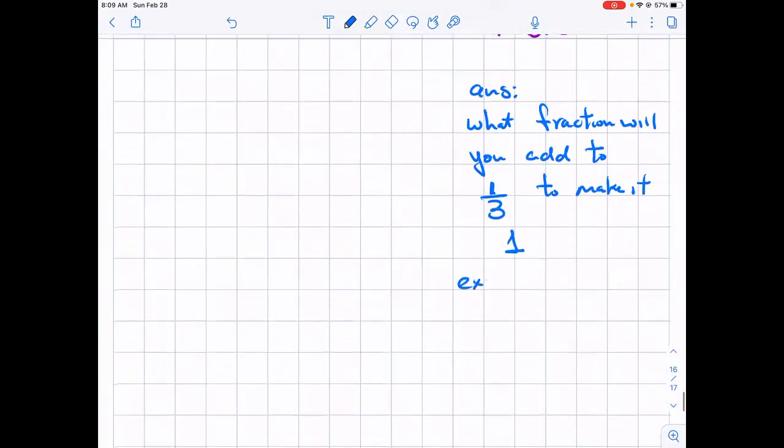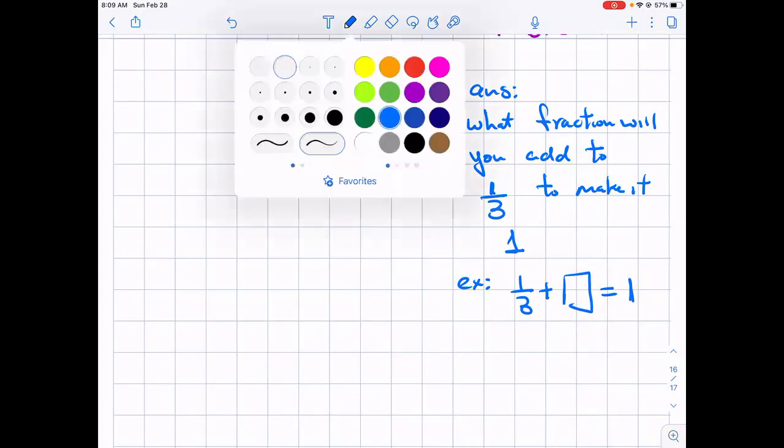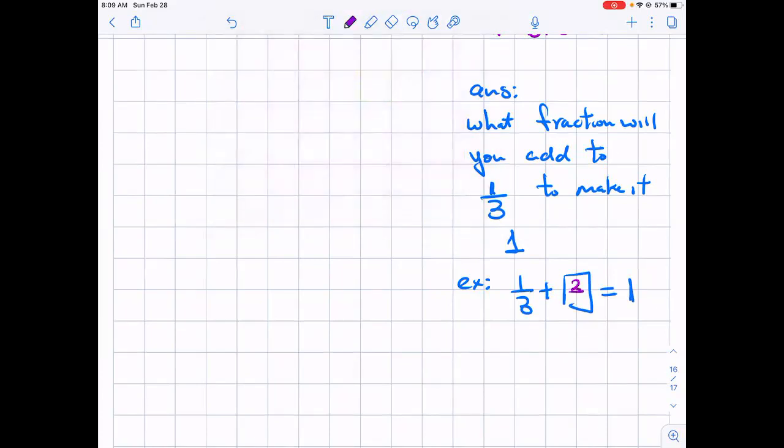For example, 1/3 plus what fraction is going to make it a 1? You will see that that fraction is 2/3. That's the fraction.